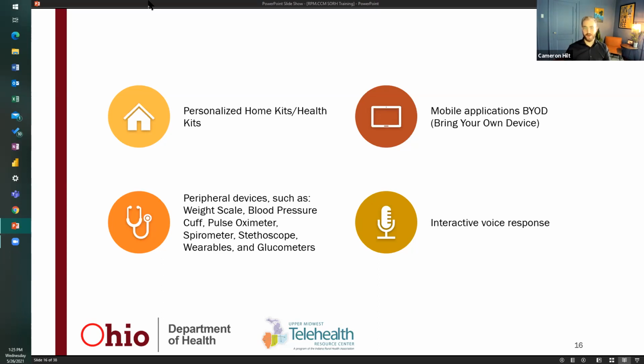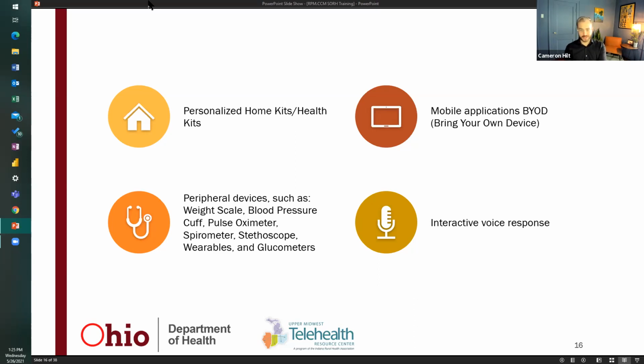Some vendors will actually offer where they will go into the home for that patient and help set up the tablet and the peripheral devices so they don't have to do that on their own. Having that specialized tablet that can only be utilized for that particular purpose can help address some of those barriers. Now, those home kits tend to be more expensive, which can be a barrier in its own right, but that's just something that you weigh out for certain patients.